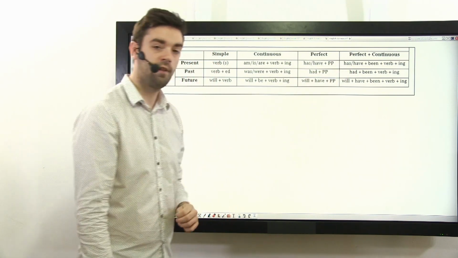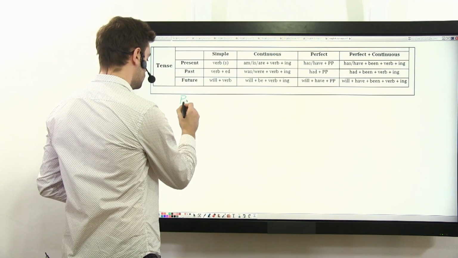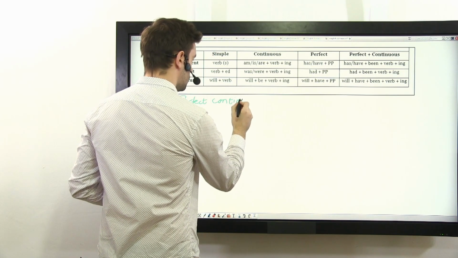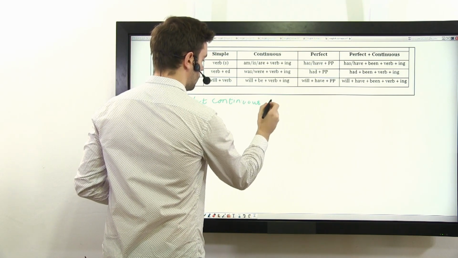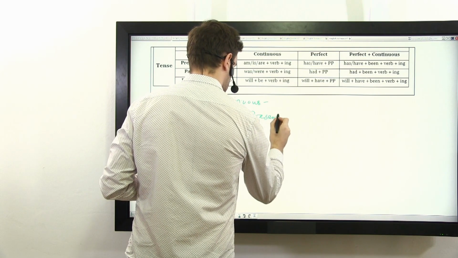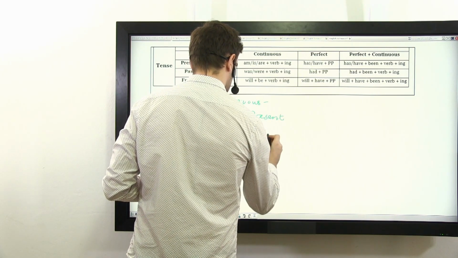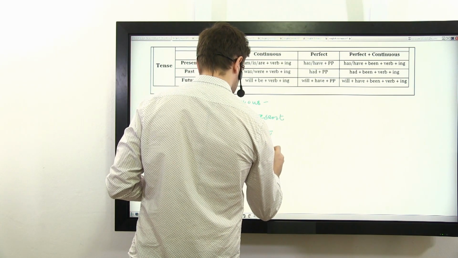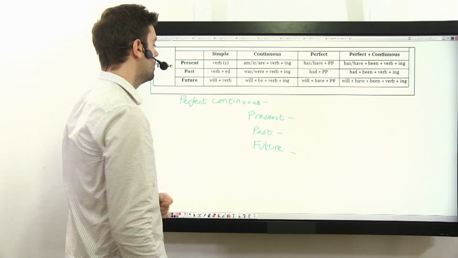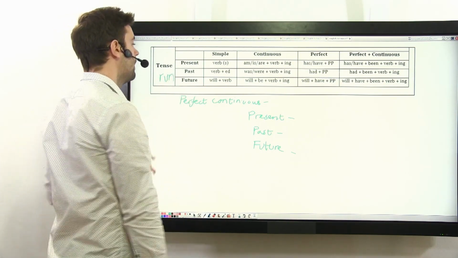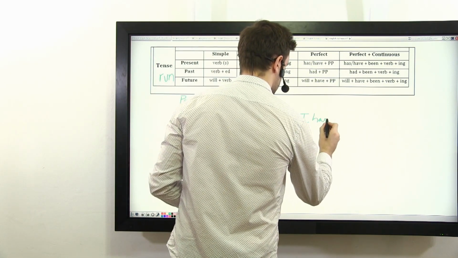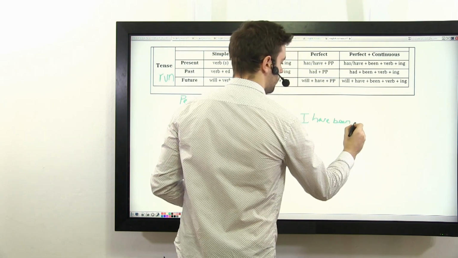And finally, the perfect continuous. Again, we have the present, the past, and the future. So we have the present perfect continuous. Again, we're using run as the verb. I have been running.